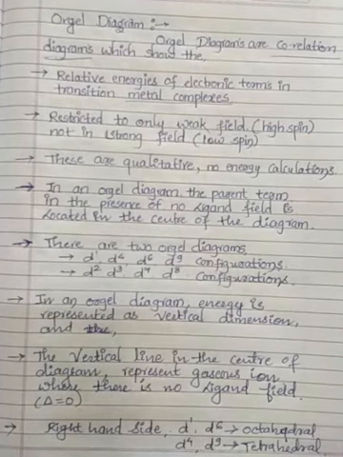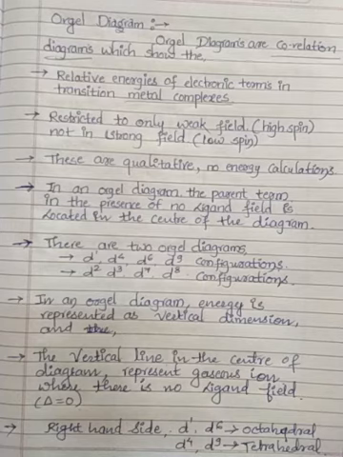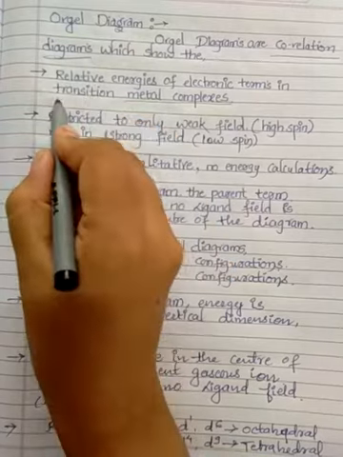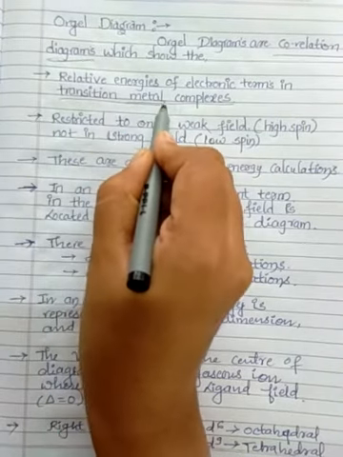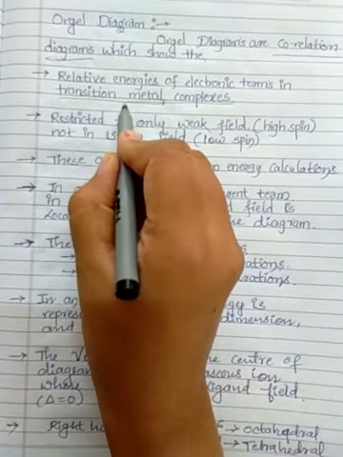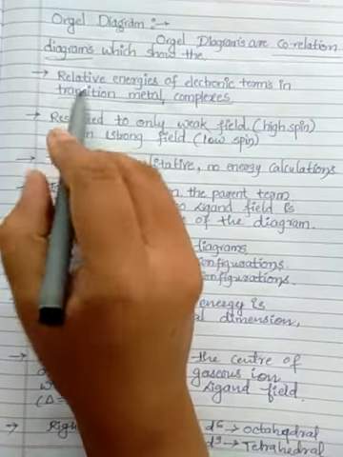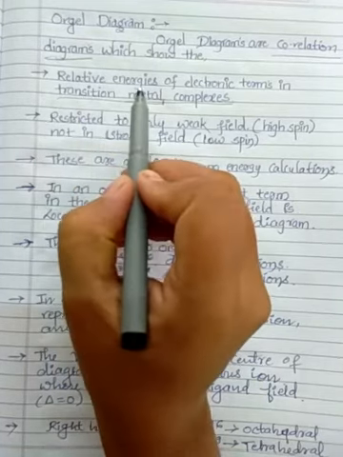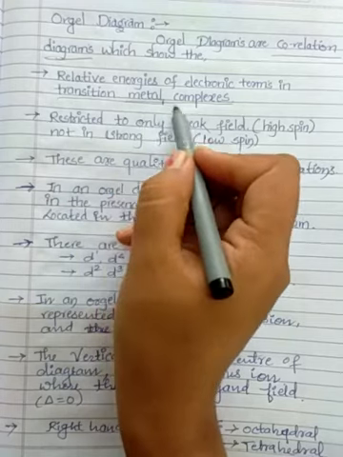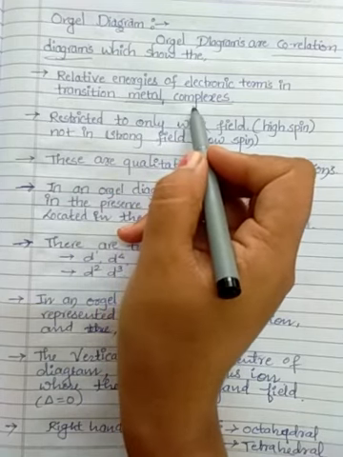Transition metals, that is d-block elements containing metals, we call transition metals. And the complexes formed along with that metal, we call transition metal complexes.